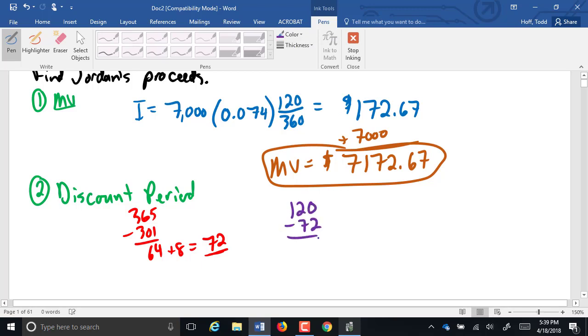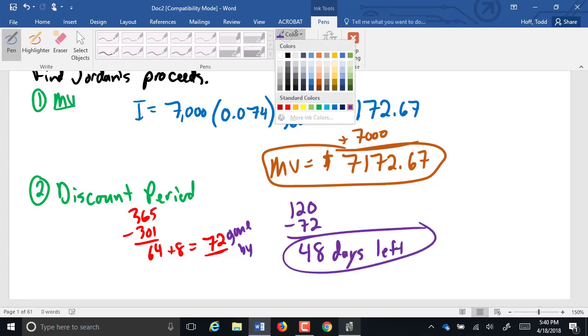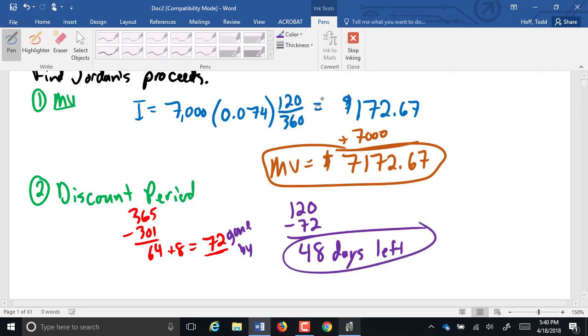We have to subtract from the full term of 120. 72 days are the days that have gone by. We want the days that are left. There's 48 days left. So that is our discount period, the 48 days left.